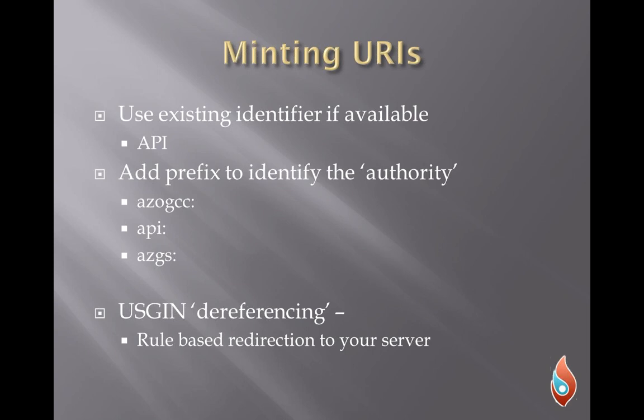For the wells in Arizona, we have permit files that are the most commonly used identifier associated with individual wells. We use those permit numbers and give them a prefix for the Arizona Oil and Gas Conservation Commission, AZOGCC. We have other ones that we just assign from AZGS for samples or cuttings that don't have any other likely identifier. We can give them AZGS: and then have some string after that.